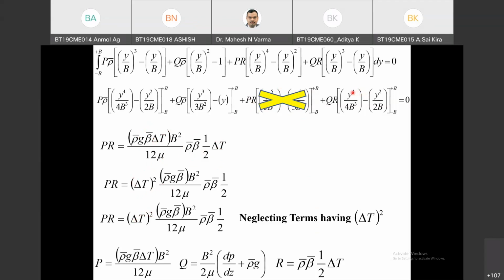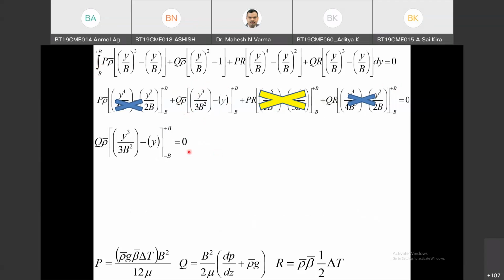Because this is an even power, integrating from minus b to plus b gives 0. Both will be 0, so overall this will equal 0. So this is the value of this integration. Everybody got this? Anybody has any problem?